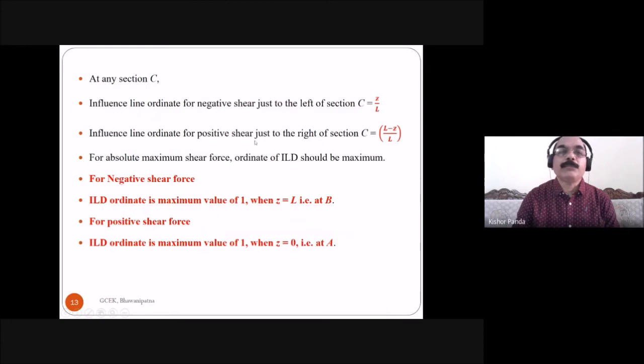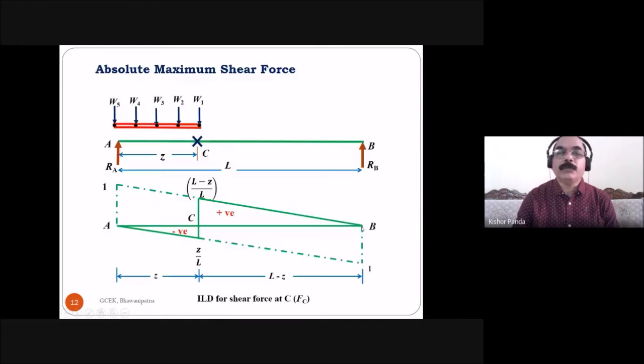Influence line ordinate for positive shear just to the right of the section C is equal to L minus Z by L. But for absolute maximum shear force, the ordinate of the ILD should be maximum, because this is the negative shear force at a section C, and this is the positive shear force at a section C. But you have to find out the absolute maximum shear force. So where will you get it?